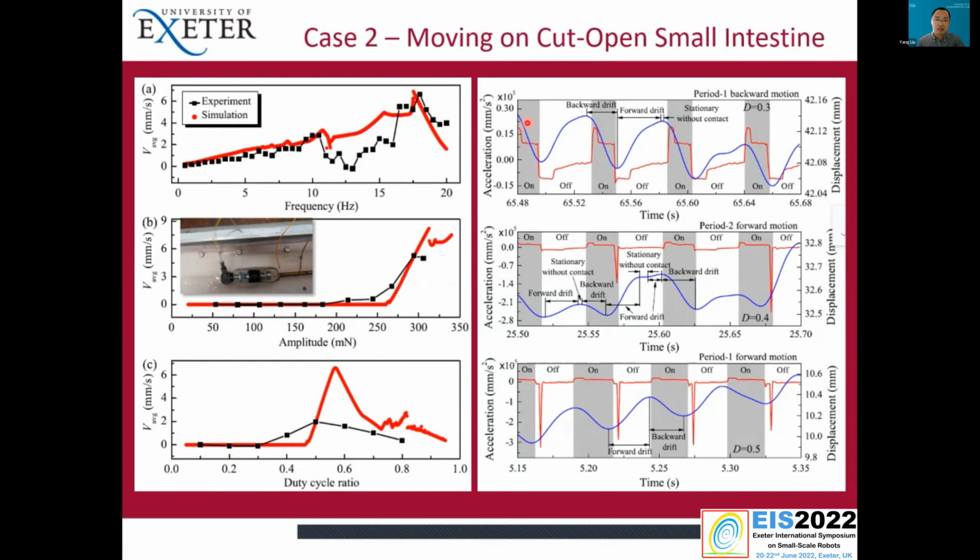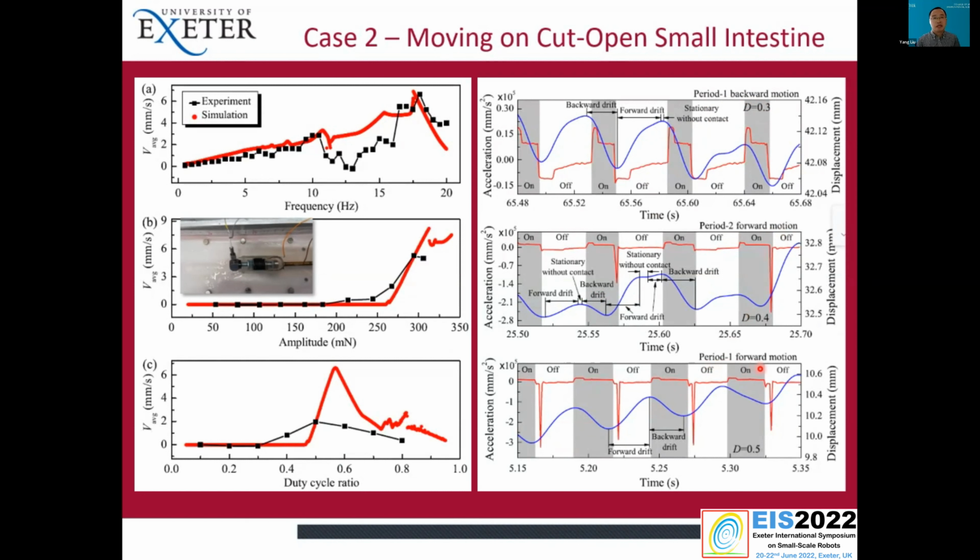Initially the capsule moves backwards with period 1 backward motion. Once we increase the duty cycle, the system becomes a period 2 forward motion. So the direction of the capsule changes. If we further increase the duty cycle, the capsule moves in period 1 forward motion.